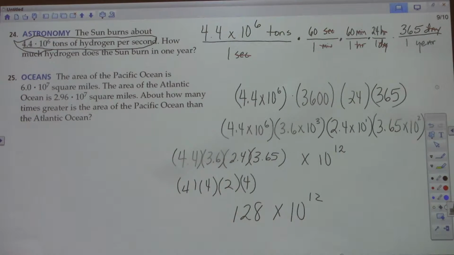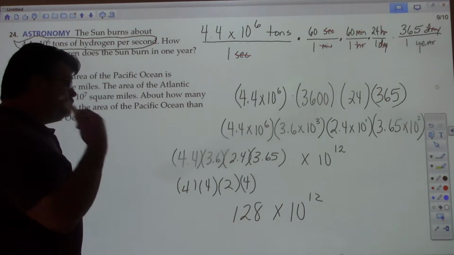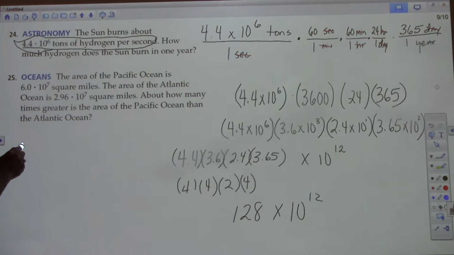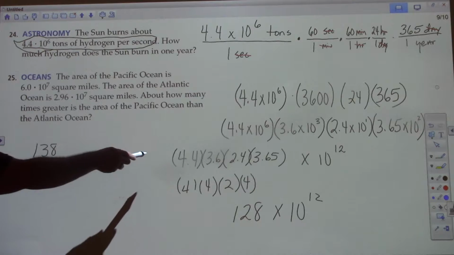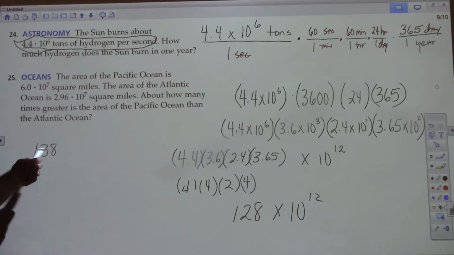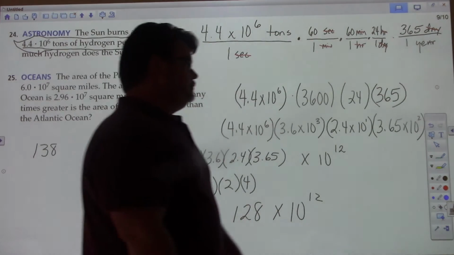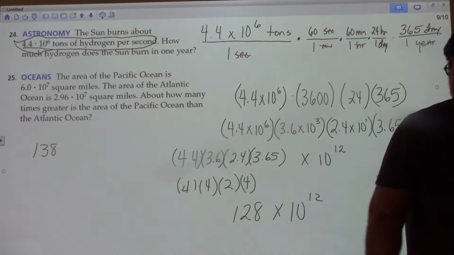138. Okay, give me the actual decimal. 1.38. No, 138 what? Oh, I did it in scientific notation. Multiply these numbers for me. Those 4 numbers, what do you get?